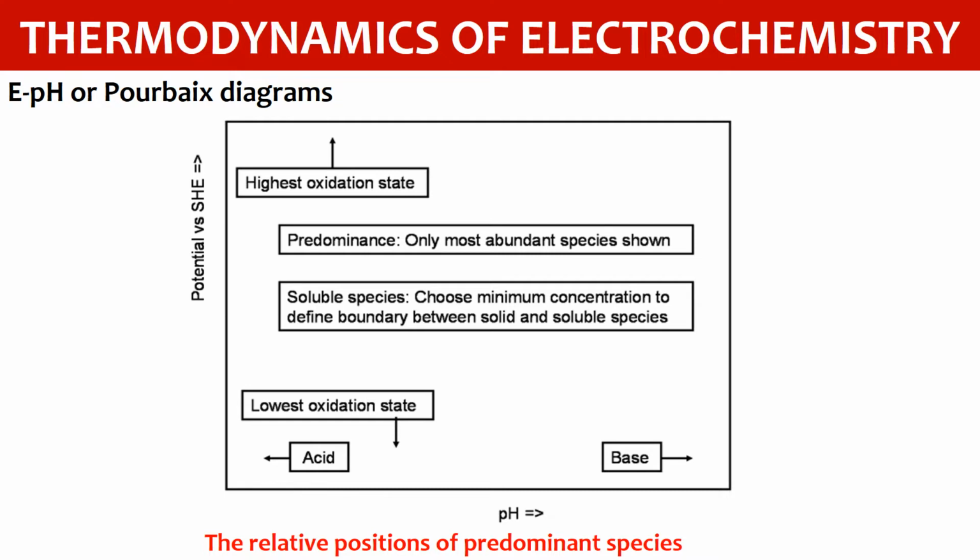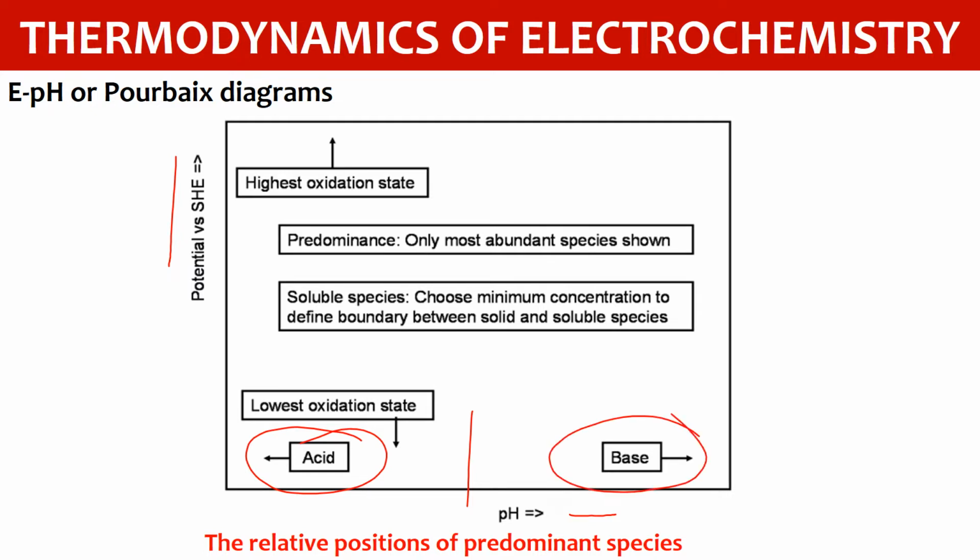Now this is a relative depiction of what is known as your Pourbaix diagram or Eh-pH diagram. Here you've got your potential, and here you've got your pH. There is your acid in terms of pH, and there is your base here.